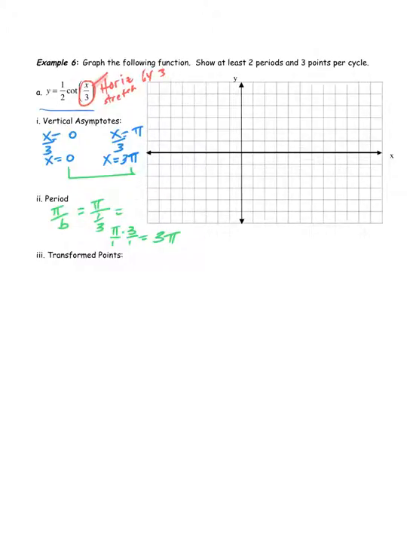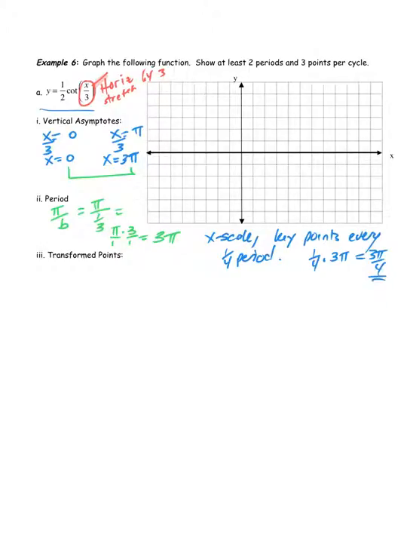So our period is 3 pi, and the period is going to help us determine the intervals for our x scale. So for our x scale, we're going to have key points every 1/4 period. And so that's going to be every 1/4 times 3 pi, which is 3 pi over 4. So when setting our x-axis, we're going to want to use 3 pi over 4 as our scale. That will help us.